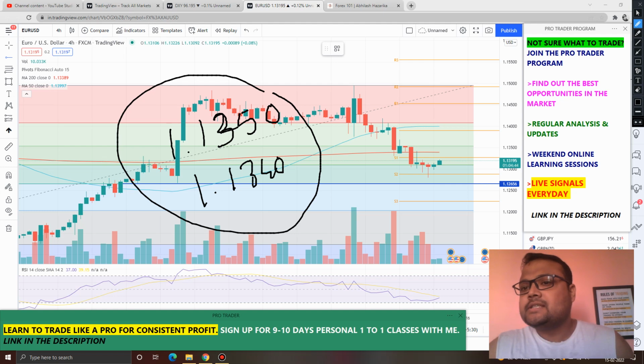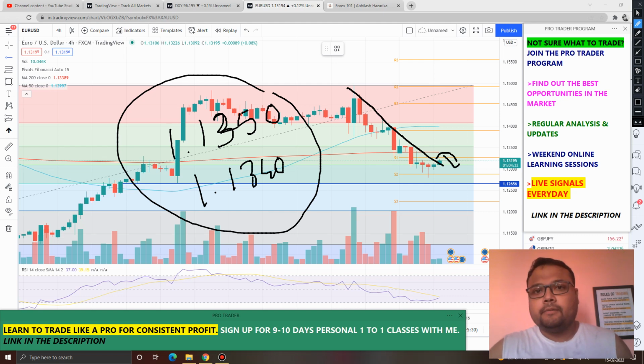If it reverses from here, for day trading purposes you can also take a sell position here again, considering the present bearishness in the market.